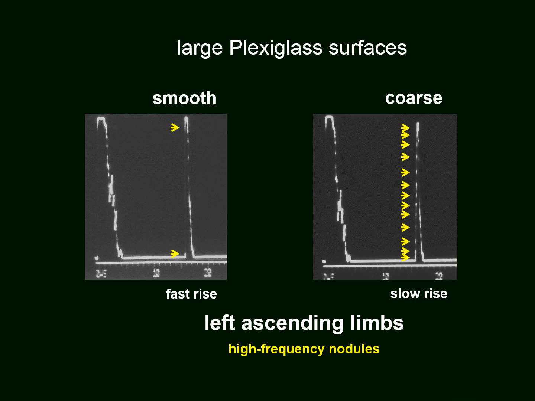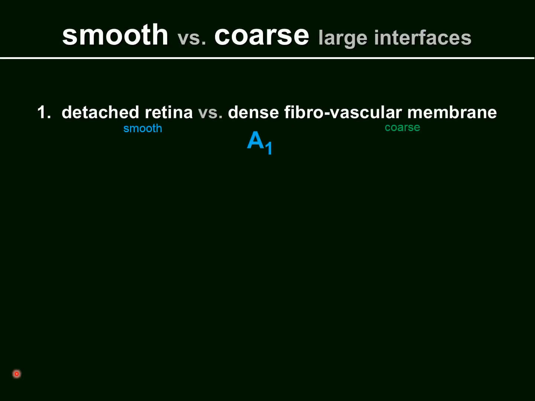We see a huge number of high frequency nodules. The clinical application is especially used when we differentiate a detached retina, which has a smooth surface, from a dense fibrovascular membrane, which has a coarse surface.